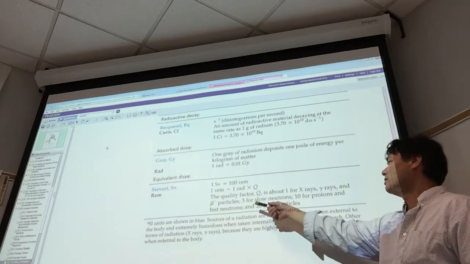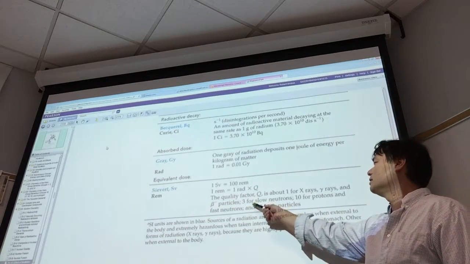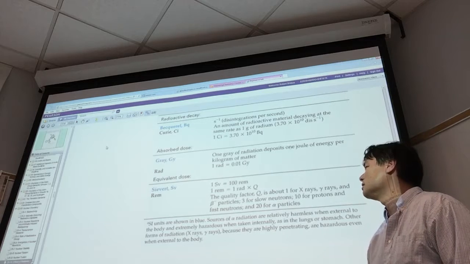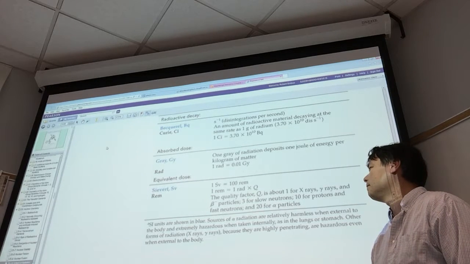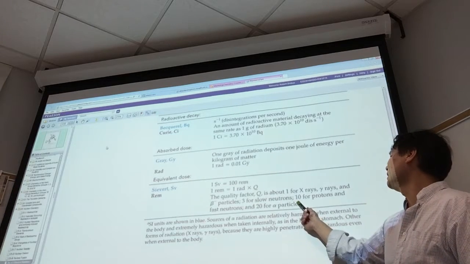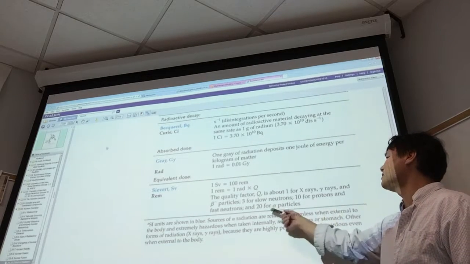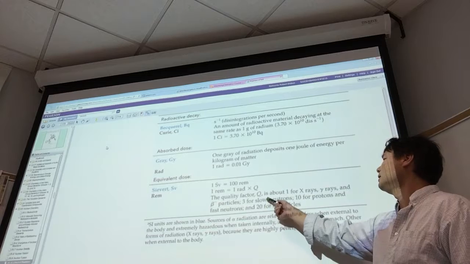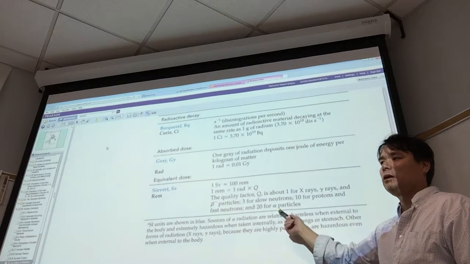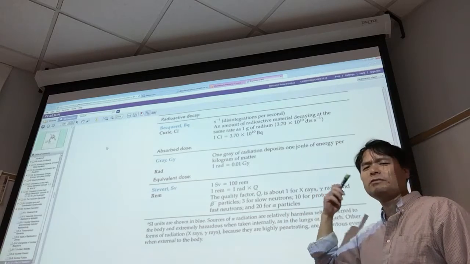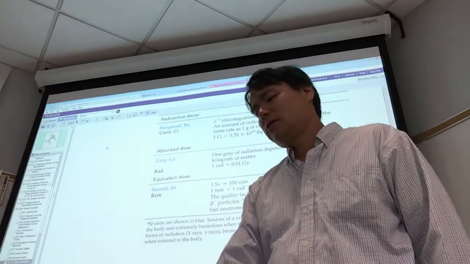And beta particles. Q factor is 3 for slow neutrons. Q factor is 10 for protons and fast neutrons. And Q factor is 20 for alpha particles. So alpha particles are quite dangerous.